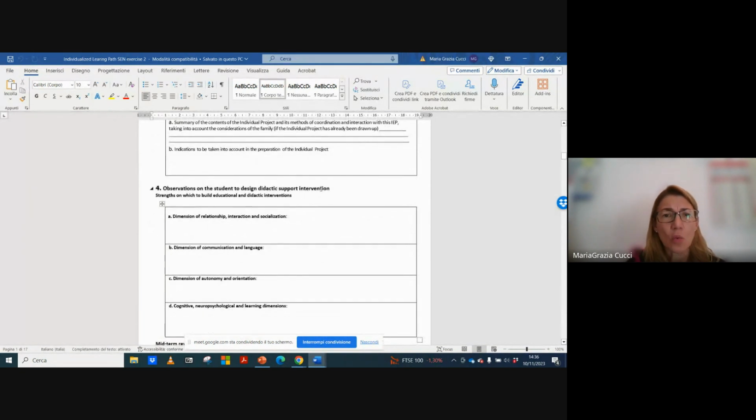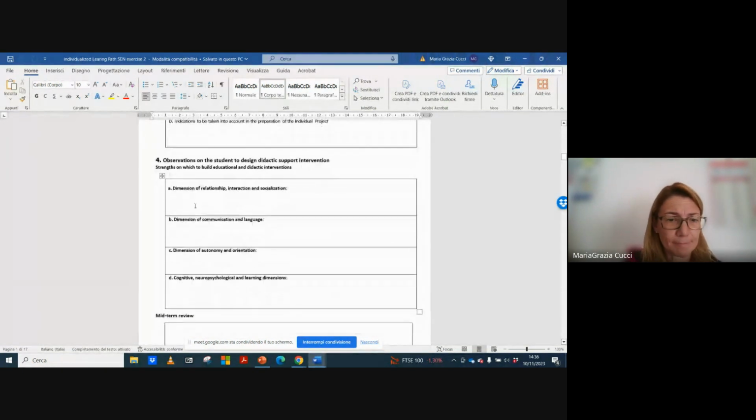And then we will put the observation on the student, starting from what the student can give to the school and to himself, herself, in order to build an educational and didactic intervention. That's to say, the strength points of the student on the same dimensions.